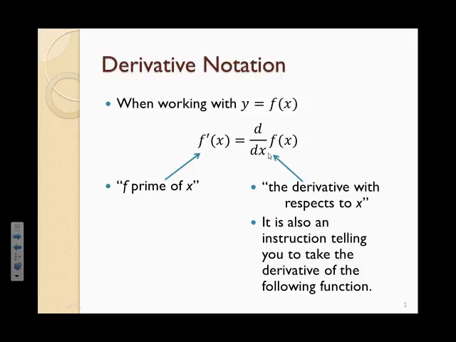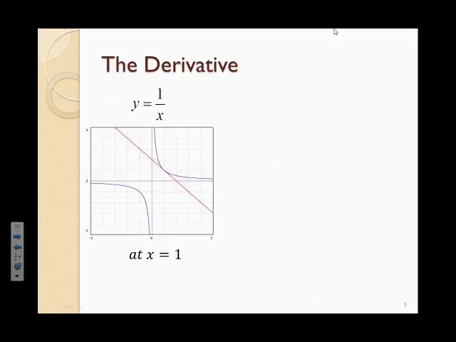Now, we were working in the last class saying that if we want to find the derivative at any point on a curve, we graph or plot the tangent line at that point. And again, the tangent line touches just at that point.